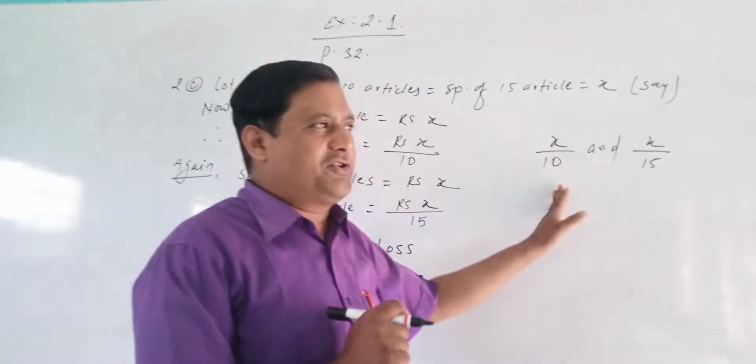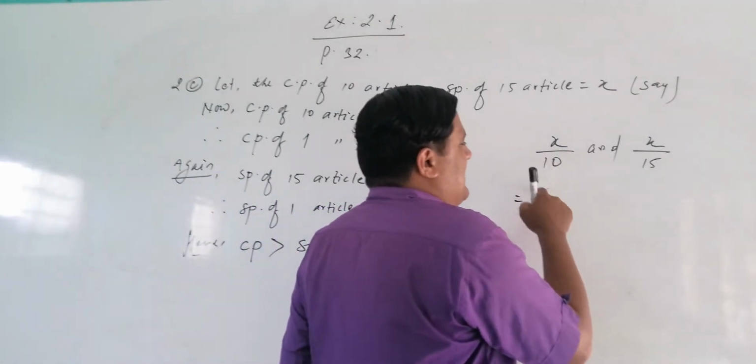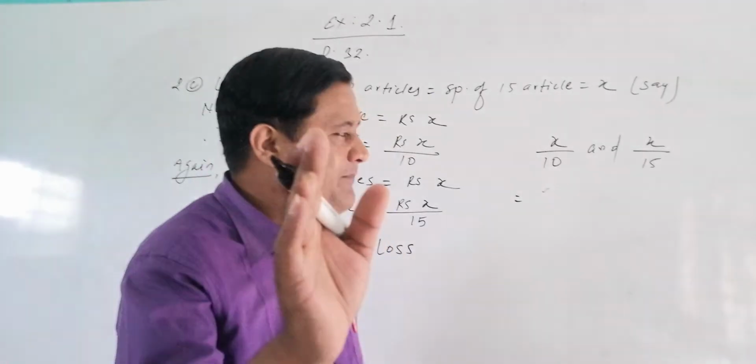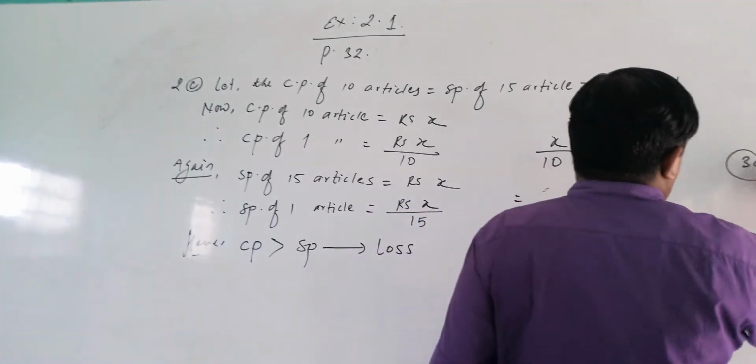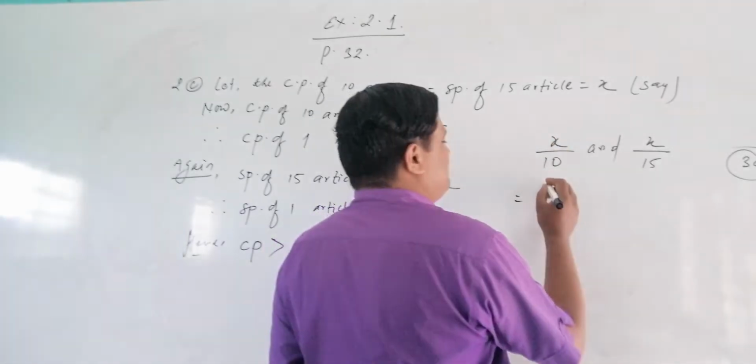Okay, this concept I am going to explain. Concentrate. For X by 10 and X by 15, we first have to find the LCM of 10 and 15. Very simply, the LCM of 10 and 15 is 30. So we bring 30 here.